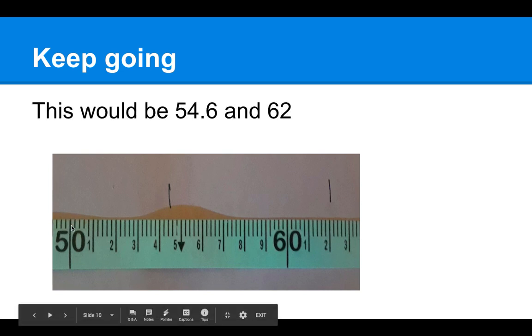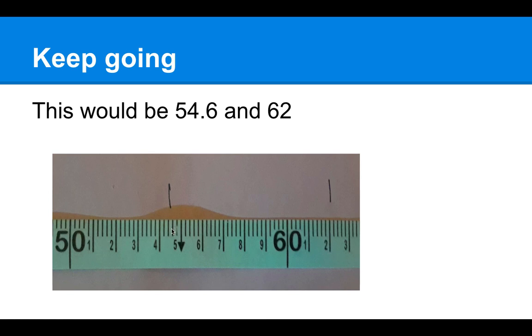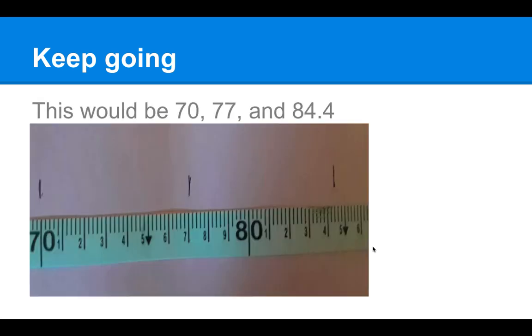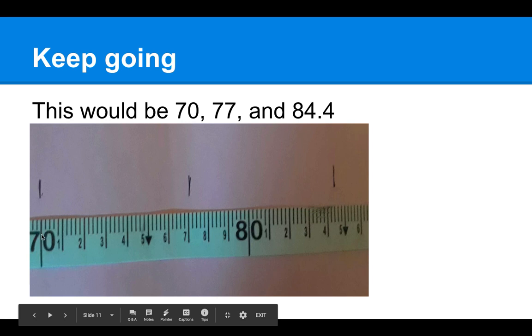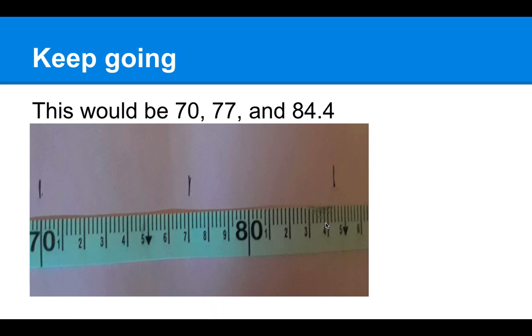These would be at 54.6 and 62. These would be at 70, 77, and 84.4. I don't have to be exact, I just have to be close. Measuring is not a very exact thing most of the time.